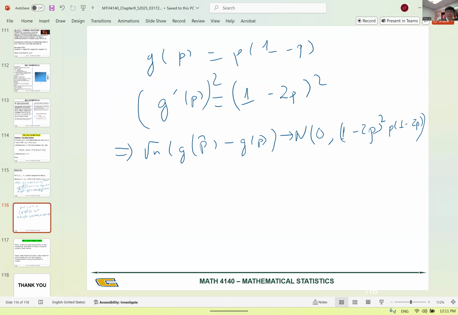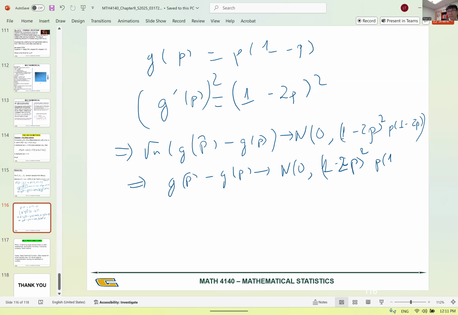We can flip it here, g of P hat, with variance P(1 minus P) divided by n.